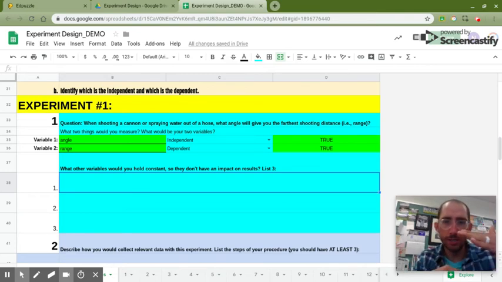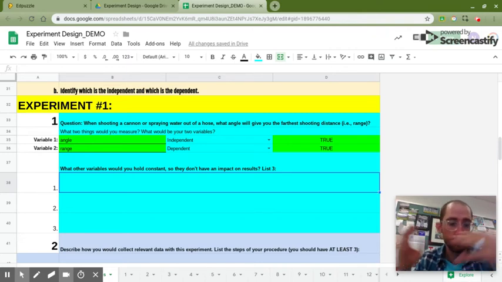Well, if you're trying to test the effect of angle on range, what if as you're changing angles, the water pressure is also changing? Let's say you go past 45 and next thing you're near 90 degrees, but the water pressure just skyrockets. You might actually get a farther range.